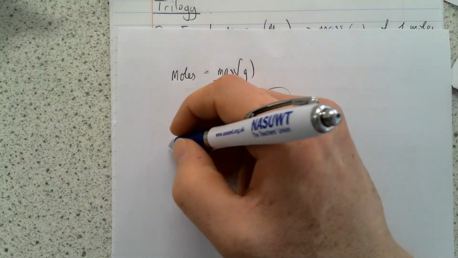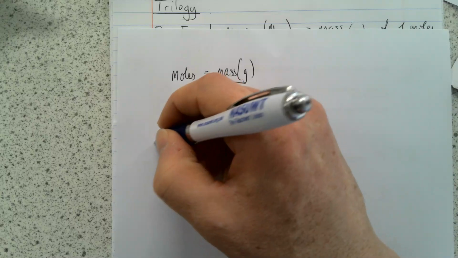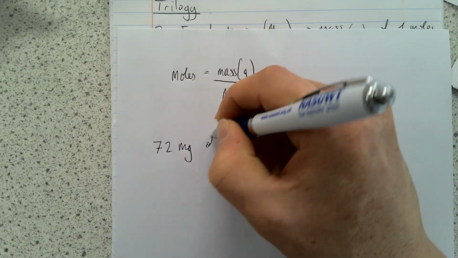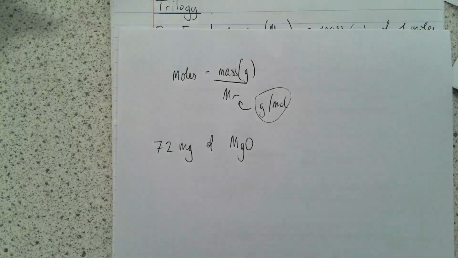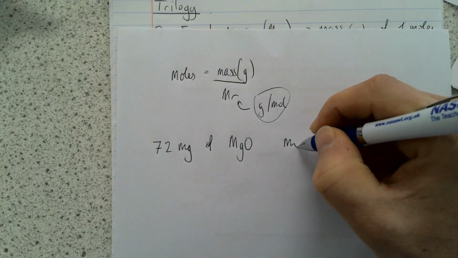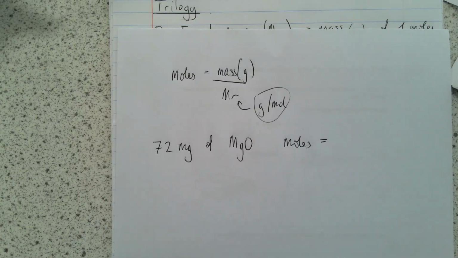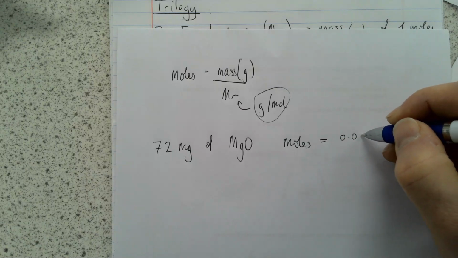So I'll do 2 pretend examples with you. Let's say you've been told you've got 72 milligrams of, I don't know, magnesium oxide we'll use as an example. You have to work out the number of moles. The moles is equal to that in grams, which is 72 divided by 1,000, which is 0.0072.